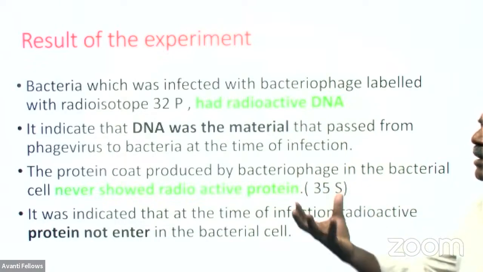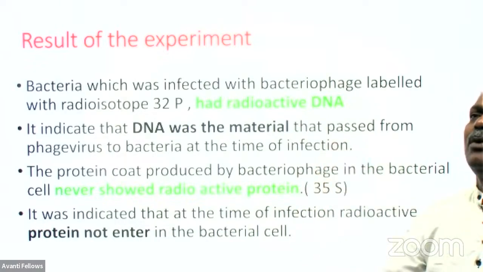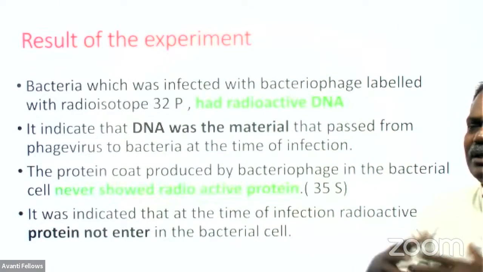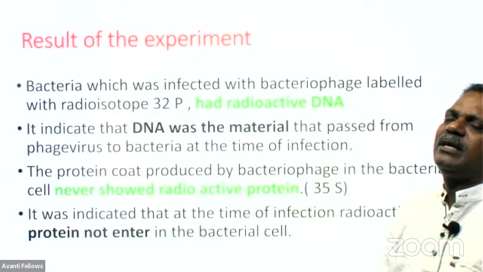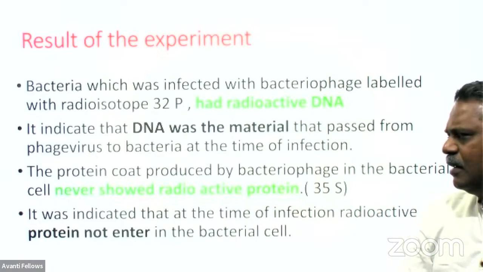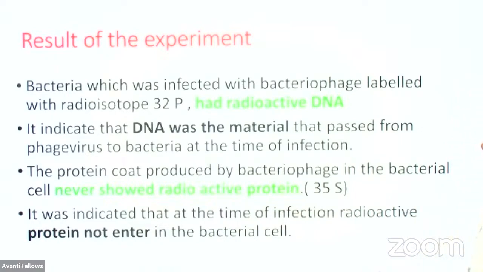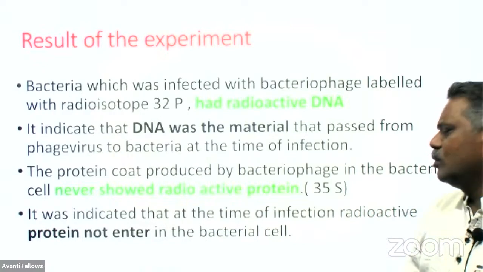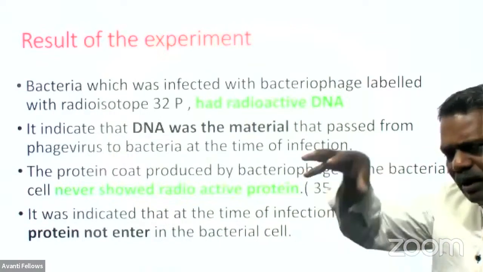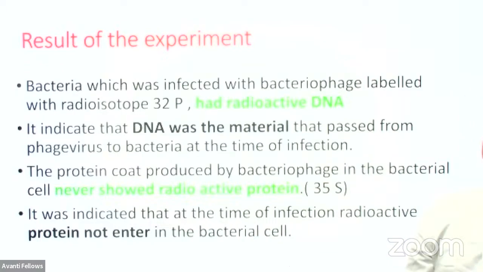And by using that DNA taken inside the body of the bacteria, it multiplies its number inside this host bacteria. And it is indicating that at the time of infection, radioactive protein does not enter the bacterial cell; only this DNA is taken inside.